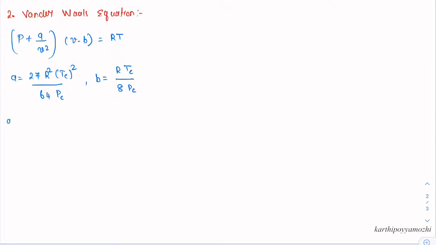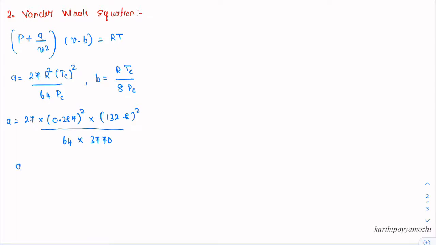Substituting the values in a and b, you can get the value of a and b. a is equal to 27 into R, value of R is equal to 0.287 whole square into Tc is the critical temperature, and the value of critical temperature is 132.8 whole square divided by 64 into the critical pressure is 3770 kilonewton per meter square.